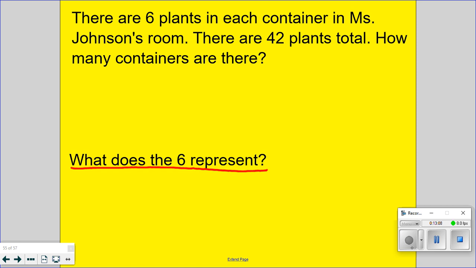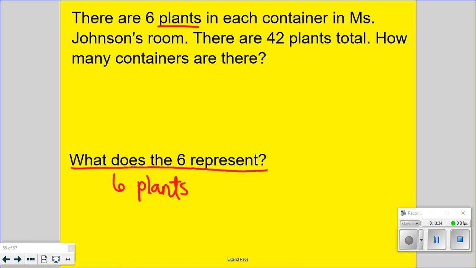Very similar. Very tricky. Colby, what were you going to add? Well, what thing? Plant. So instead of saying things, let's use what it is. The thing is a plant. It is 6 plants.